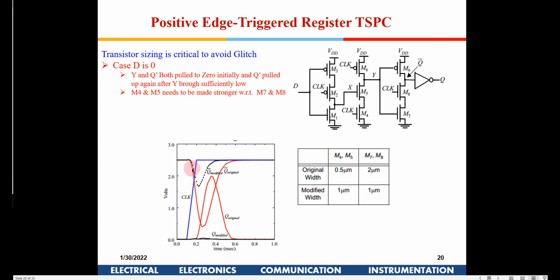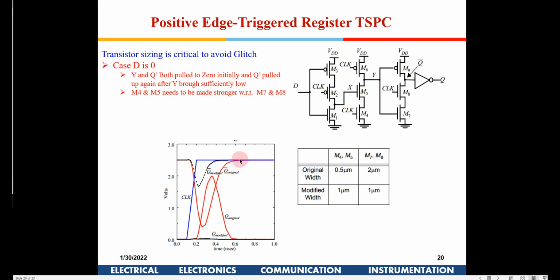So if you see, this node is falling, this red line which is shown here. So Q will start falling down, and once this starts falling down beyond a certain level, M7 will be switched off and M9 will be switched on, and then again this Q will start going up here, right?